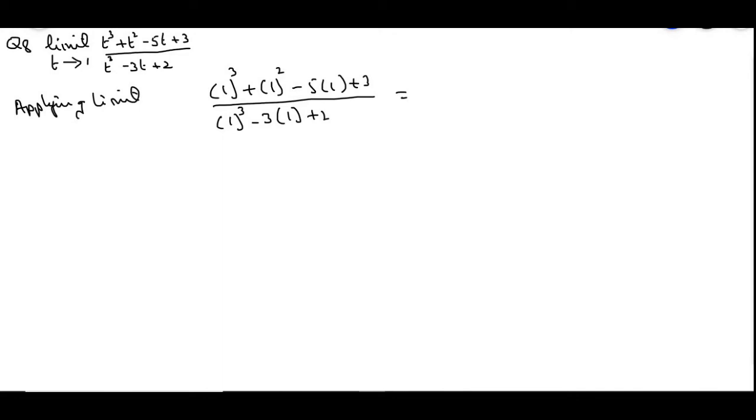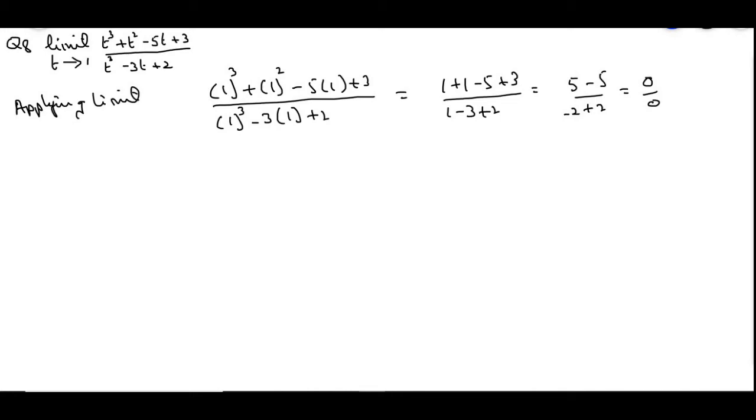We have 1 plus 1 minus 5 plus 3 over 1 minus 3 plus 2. We have 5 minus 5 and minus 2 plus 2, and on cancelling we get 0 over 0, which is again indeterminate form.